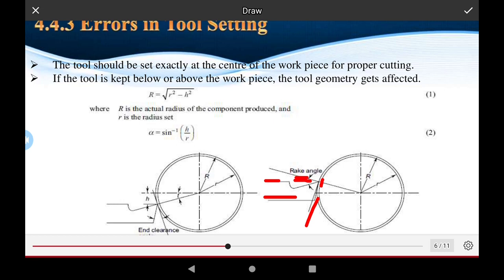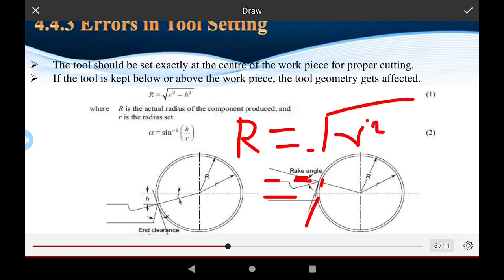And this is the formula, a very standard formula. Find out the value of capital R, radius, under root small r square minus h square. Okay, this r value is provided for the clearance angle performed to the center of the machines. Okay, capital R is the actual radius of the component produced.